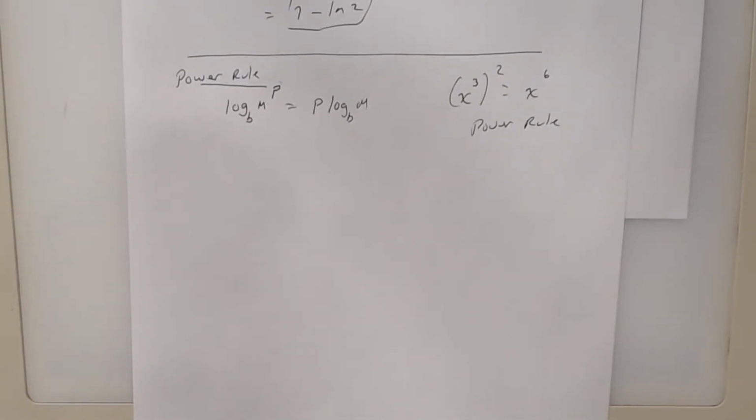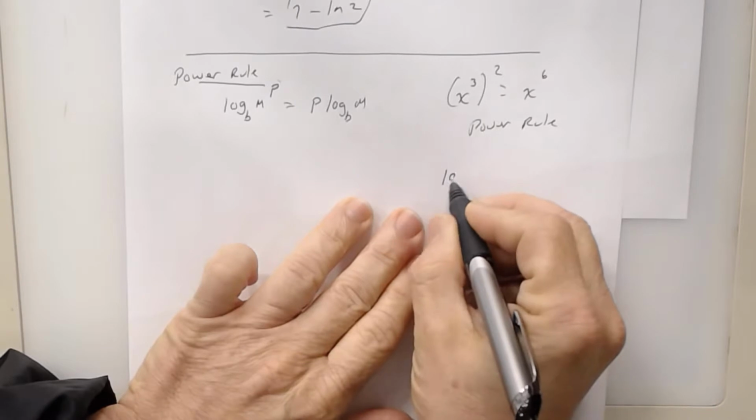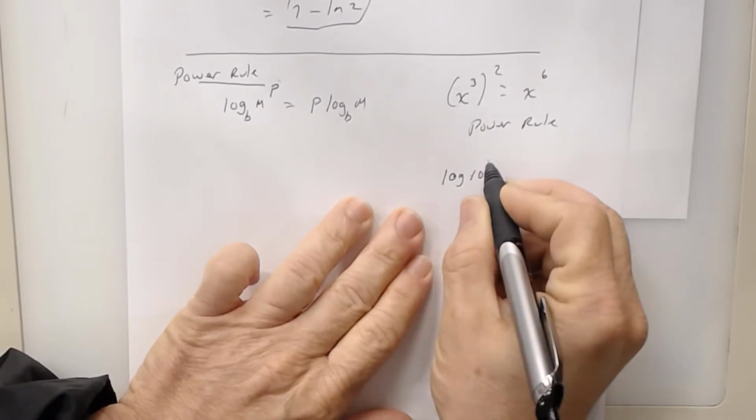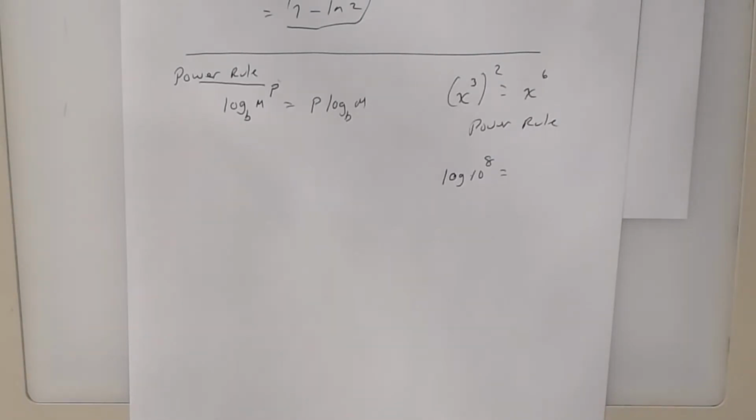I'm going to ask you this. You remember a while ago, I asked you, what's the log of 10 to the 8th power? And you did it the long way. You said, well, my base is 10, so I'm going to say 10 to the box equals 10 to the 8th. What's the answer? 8.